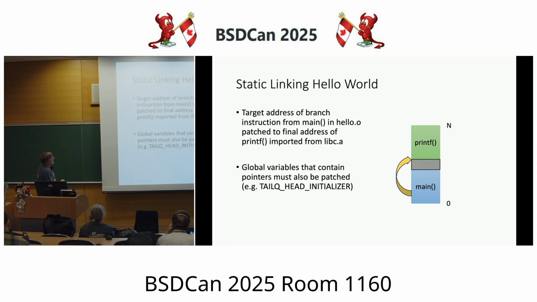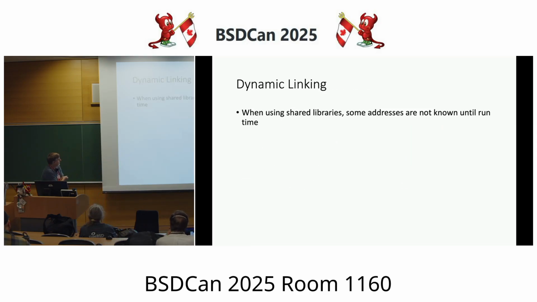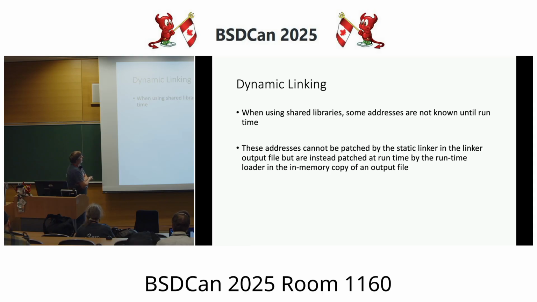So that's static linking. But we also, in our world, do a lot of dynamic linking. So how does that become different when we do dynamic linking? When we're using shared libraries, things get slightly more complicated because some of the addresses for some of our symbols, we don't actually know at static link time. We don't find them out until runtime when we've loaded a shared library into our address space at whatever address the kernel has chosen for us when we call mmap.